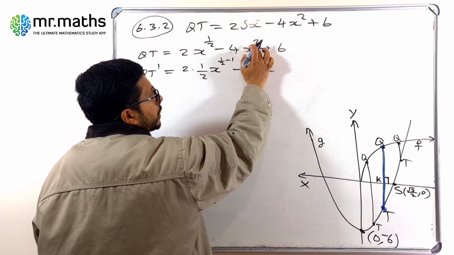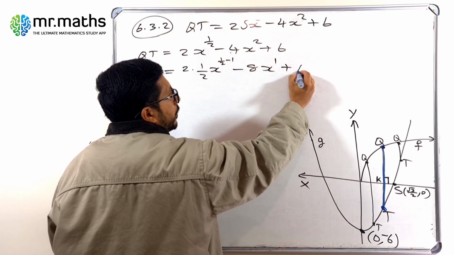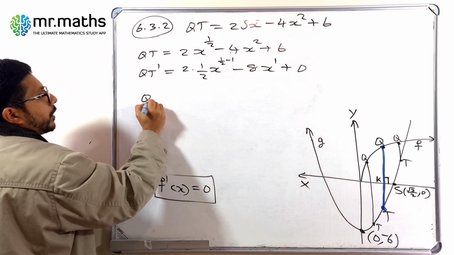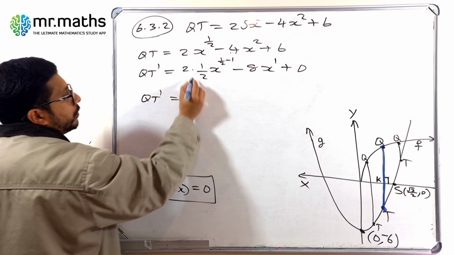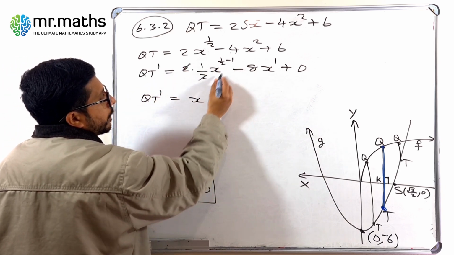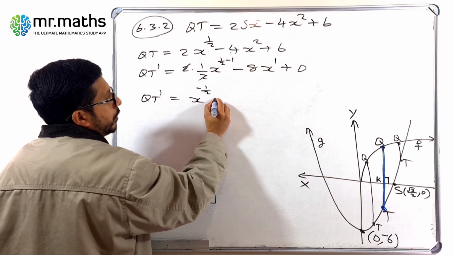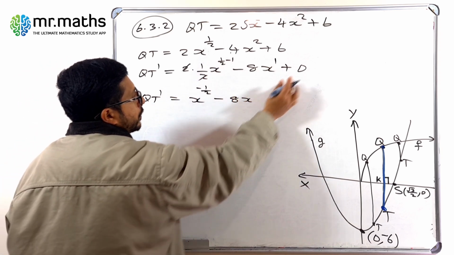X raised to 1 less than this 2, that is 1, plus derivative of the constant term is 0. So qt dash is equal to, this 2 and 2 cancel, x raised to, what is this one? Check in your calculator, minus 1 over 2 minus 8x, this is 0.